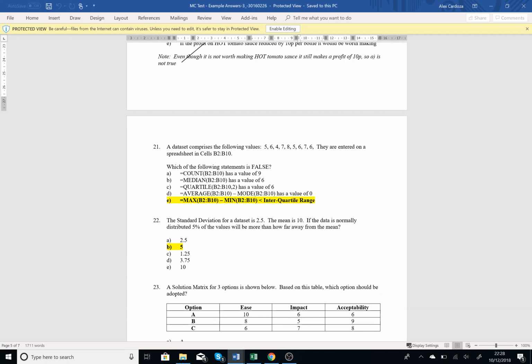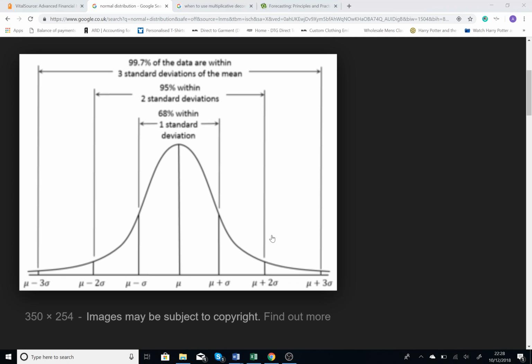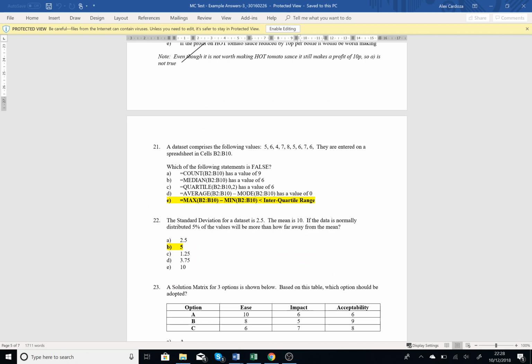Yeah. Okay. Because you would take that 2 there and times that by that. So anything above that, 5%, will be beyond your mean, so it'll be more than 5. Yeah. So the answer is B. If the data is normally distributed, 5% of values will be more than how far away from your standard deviation.